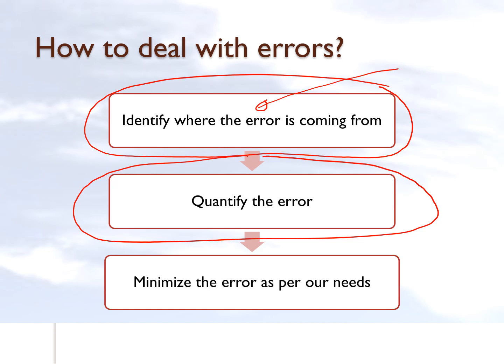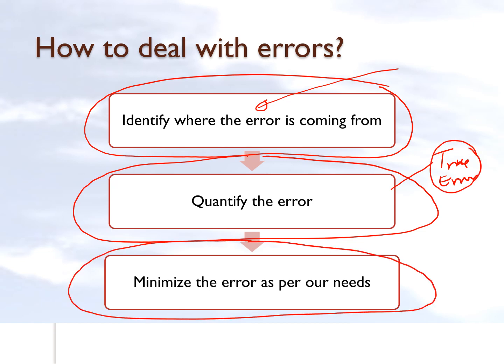This quantification comes in two forms. One is called true error, and the other is called approximate error. Approximate error we'll discuss in a different segment, but in this segment we're going to focus on true errors. And of course, we will minimize the error as per our needs. That's how we're going to go about dealing with errors.